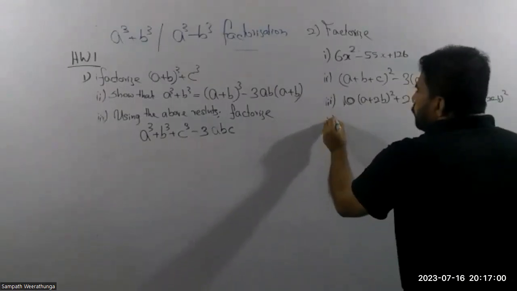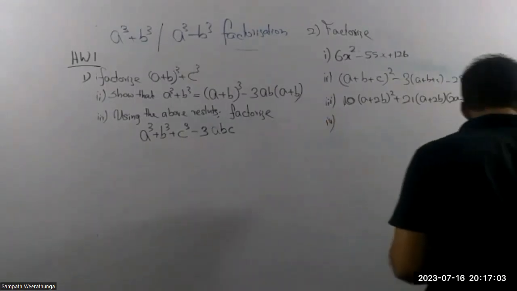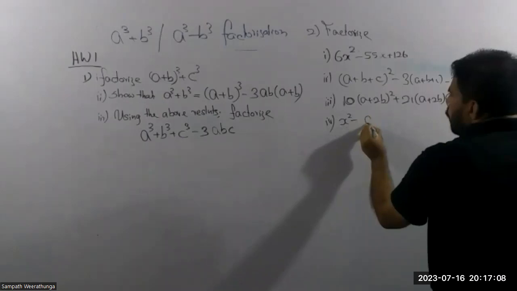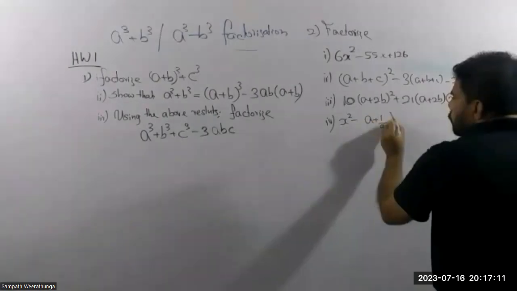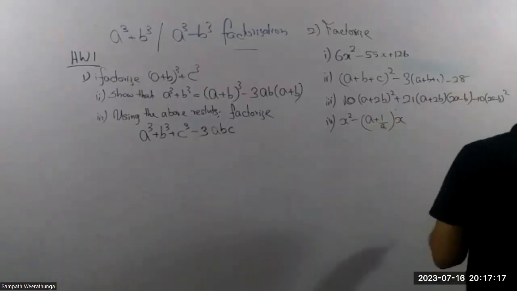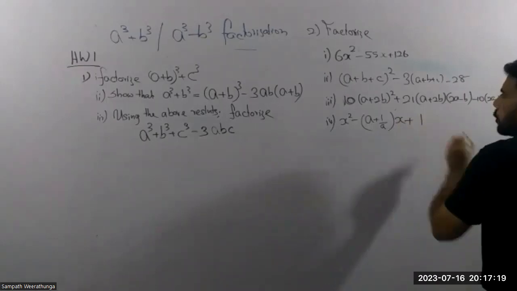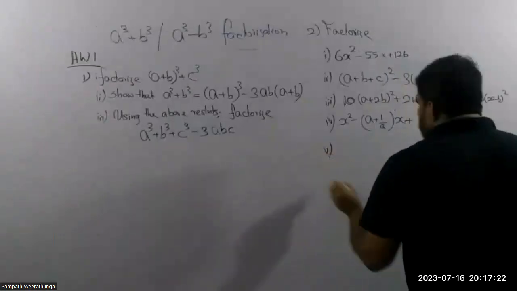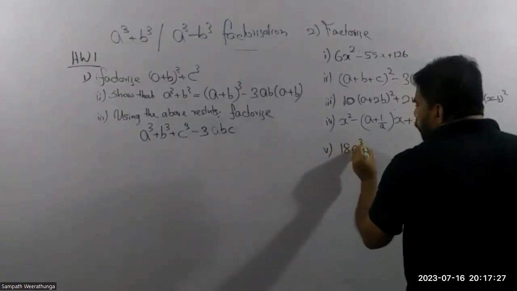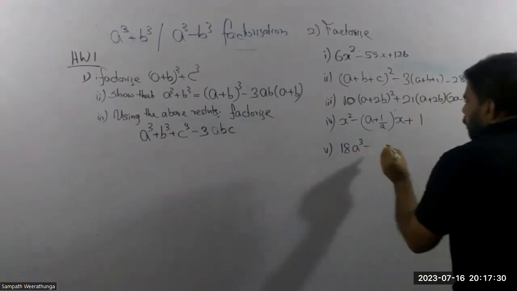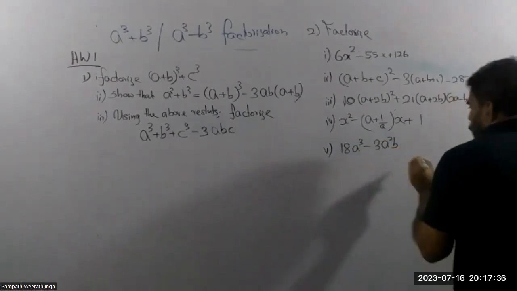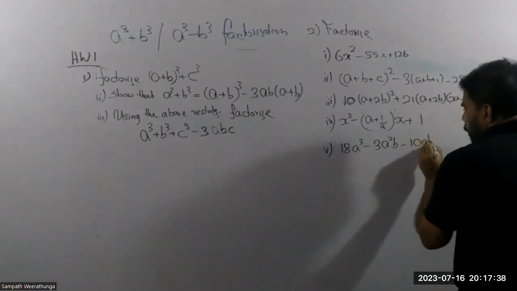Then the fourth one, x squared minus (a plus 1 over a) x plus 1. You're supposed to factorize these things. Then 5, 18a cube minus 3a squared b minus 10ab squared.